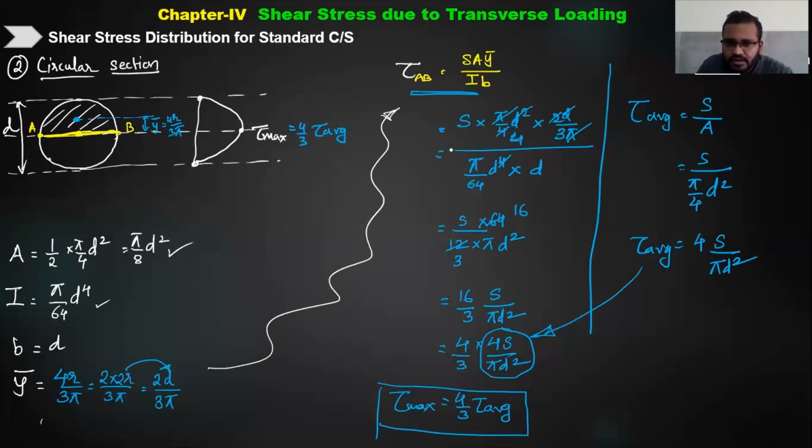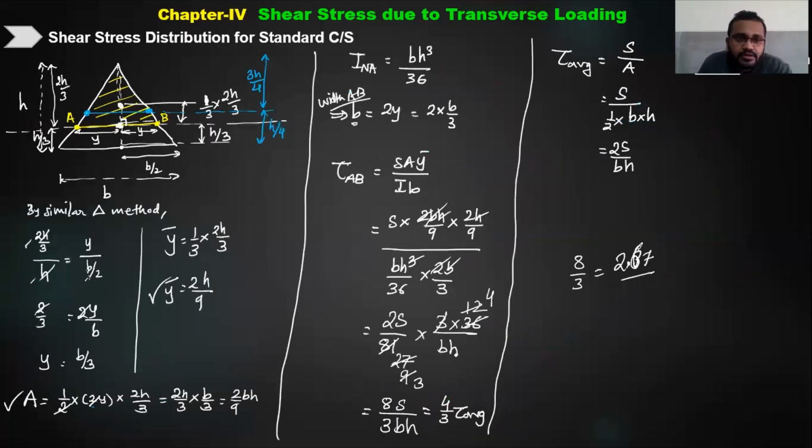Once we know all these substitutions, we got a relation, and if you replace it by the average shear stress value, we get that the maximum shear stress and average shear stress have a relation of 4 by 3, that is 33% extra. So tau max is 4 by 3 times the average shear stress. That also we solved. Then we tried the triangular section.